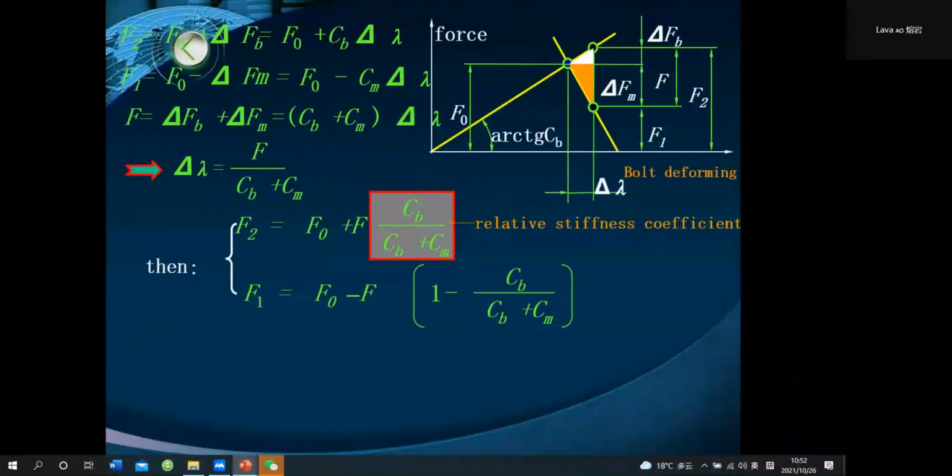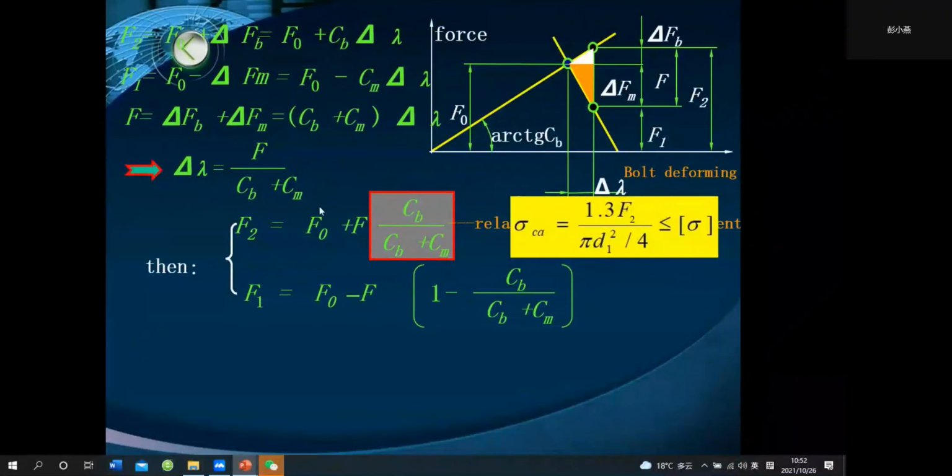In our PPT, it is F2 equals F0 plus this. So it's the same. F2 is Q, so you should remember F2 or QP or Q.